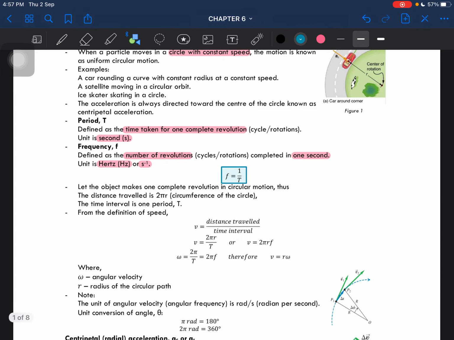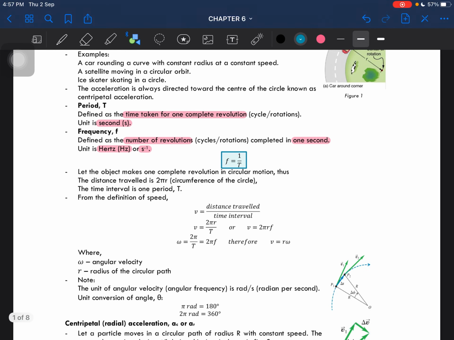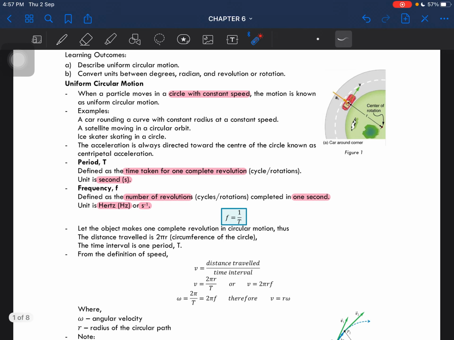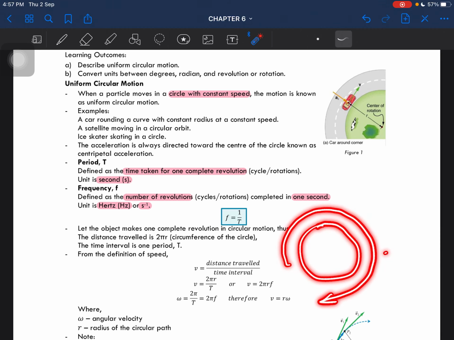Okay, so this is a derivation in order to get the formula for angular velocity. So angular velocity is basically just the rotational velocity. So for example, if we have a circle here, the angular velocity is just this. So this is omega, known as angular velocity.